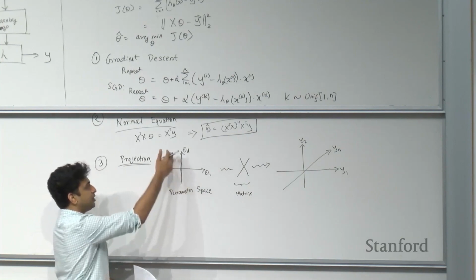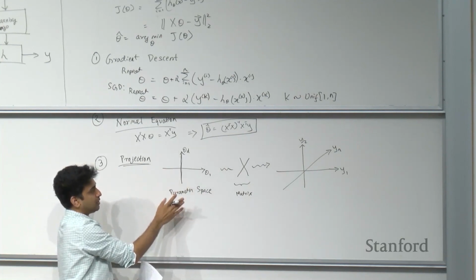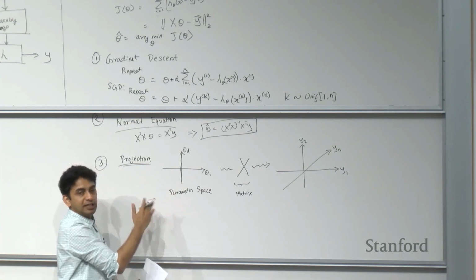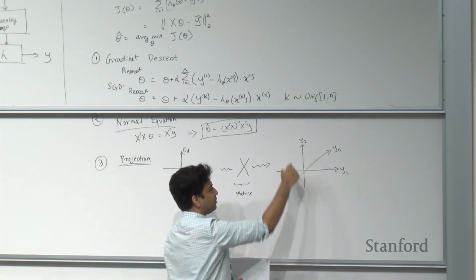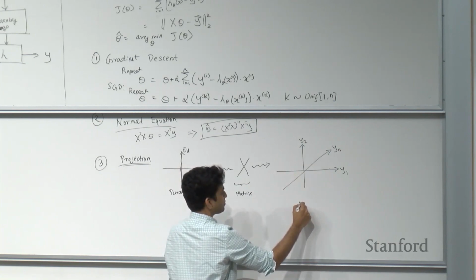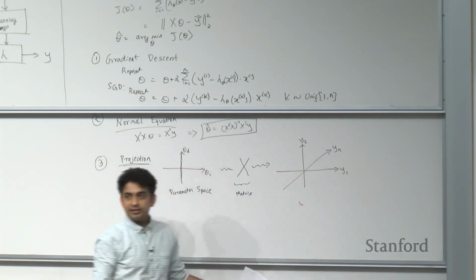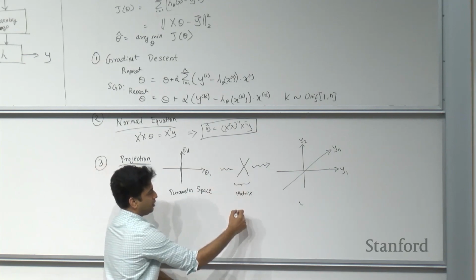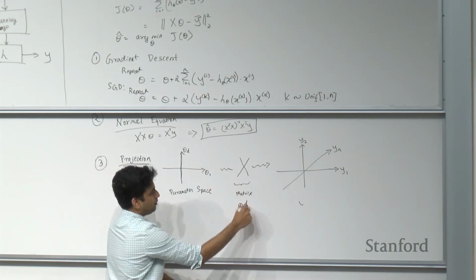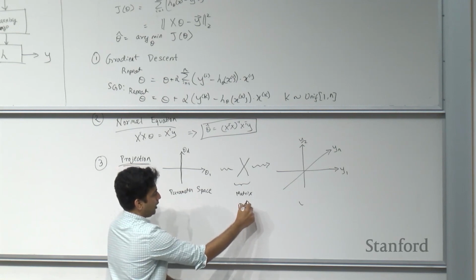So each dimension in the parameter space, or the input space, corresponds to each parameter or each feature, and each axis or each dimension in the output space represents a different example. That's because X is in R^(n by d).